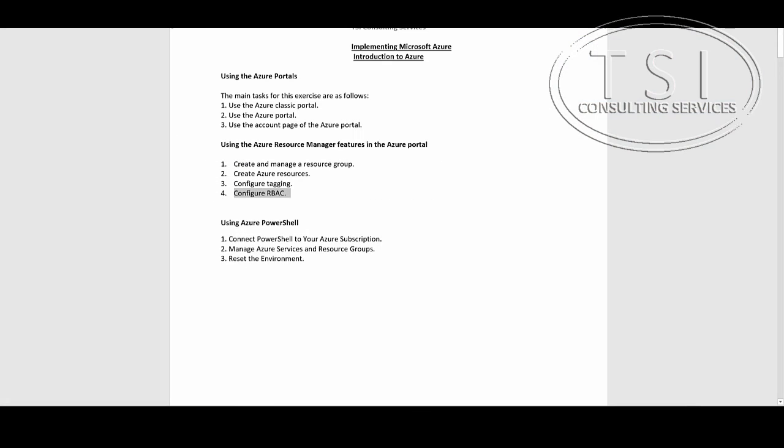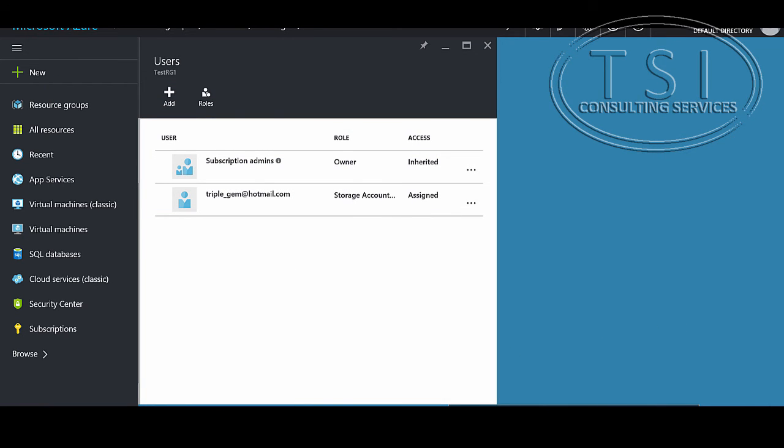The next thing I'm going to do is work on using Azure PowerShell. I'm going to connect PowerShell to my Azure subscription first. I'm going to run the integrated scripting environment as an admin.